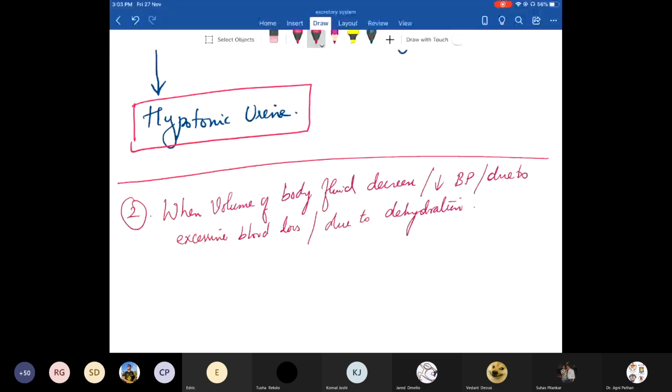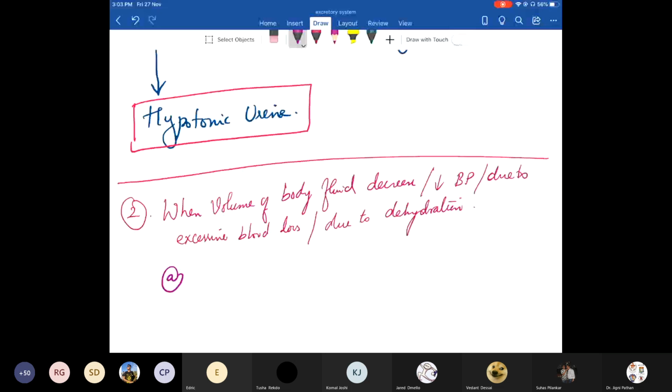How can we restore the water in the body? That's the question. The first method is by decreasing the ultrafiltration. What is the aim?